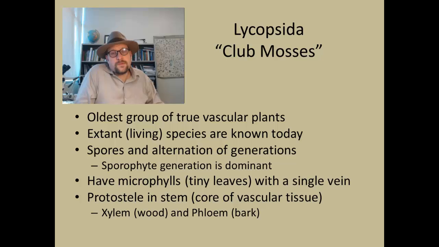So the Lycopsids are the club mosses. These are the oldest group of true vascular plants. They are living today, though many are extinct, and we have species of club moss today; you can actually grow club moss in planters. What's really interesting about club mosses is that they retain the alternating generation, so they produce spores.